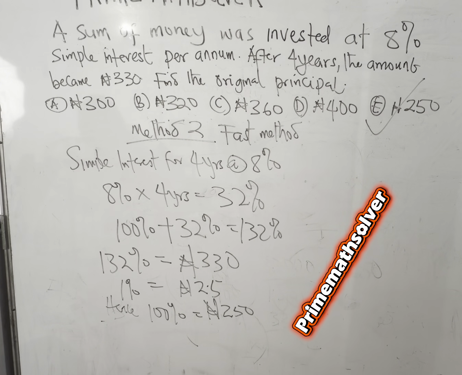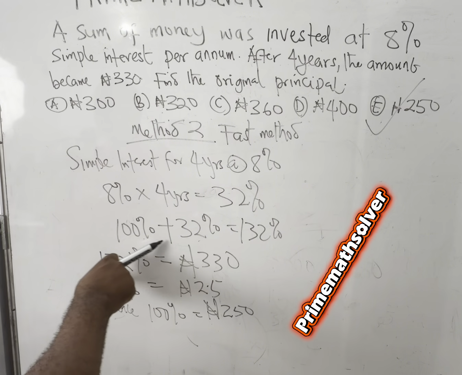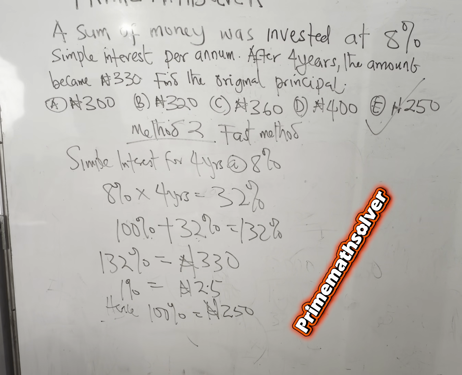I want you to go over this again and also engage yourself in questions like this. Listen to me very carefully. Whenever you see the amount after simple interest is given, find the principal. Take note of this. The first thing to do is find the total percent, which in this case is 100% plus 32%. That gives the total, that's 100% plus the interest. We already have the interest as 32% for 4 years.